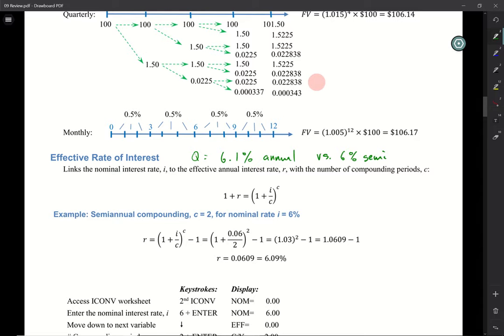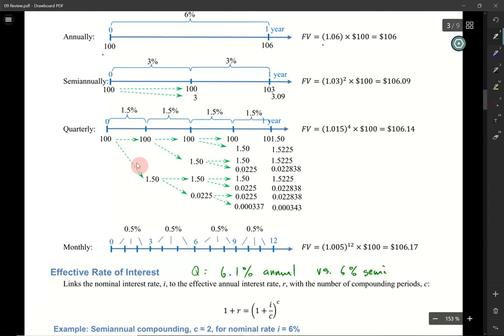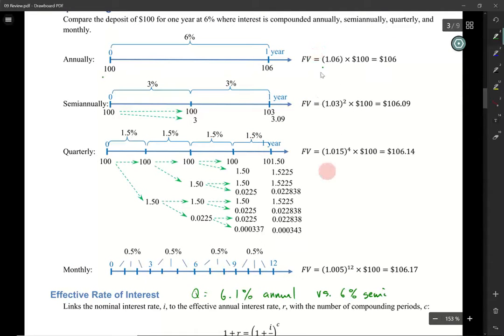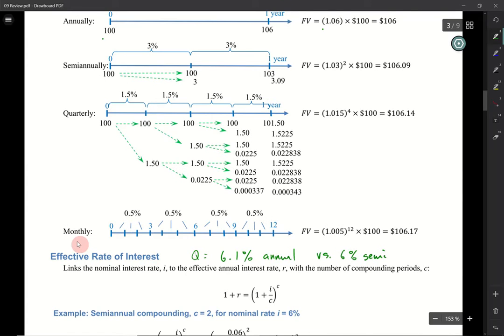Wow, 6.1% annual interest versus 6% semi-annual, you'd have to work it out. And so that's why there's the idea of the effective interest rate. That makes it easier to compare whether it's compounded semi-annually, quarterly, or monthly.